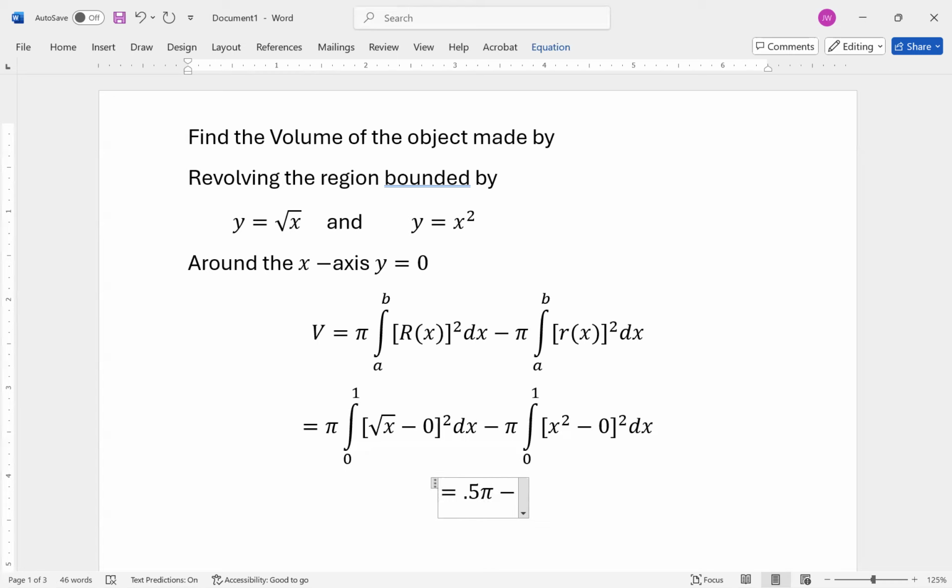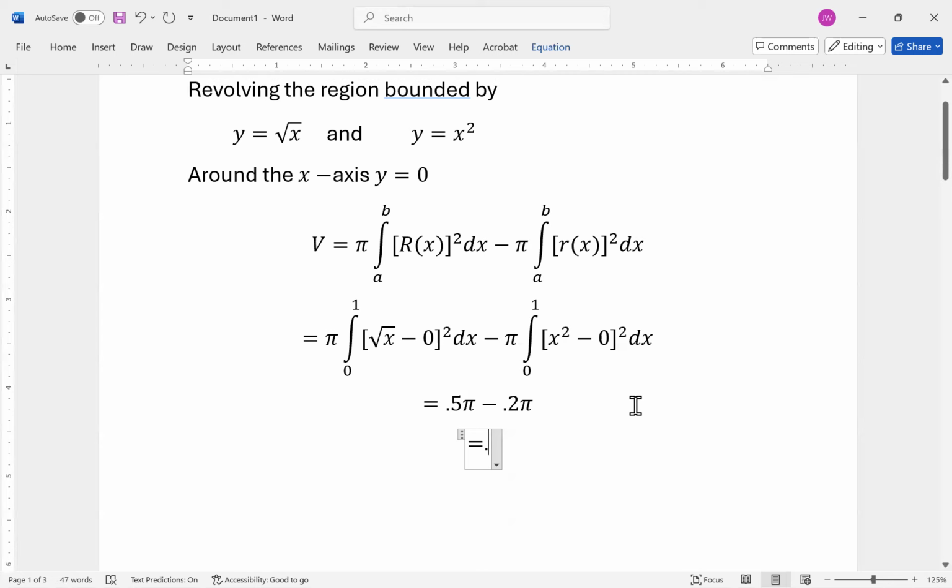The second one is going to give me, I believe, 0.2 times pi. I forgot to type that one in, but yeah, 0.2 times pi when I think about it. And so when I subtract, I would get that the volume of that object is 0.3 times pi.